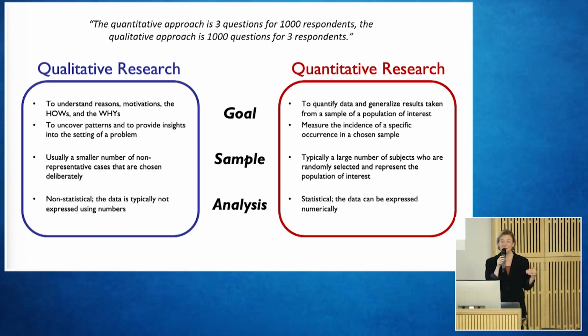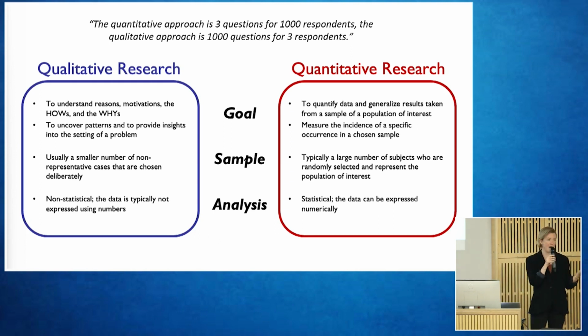So when we do quantitative research, the goal is really to quantify data and generalize results taken from a sample of a population of interest and measure incidence of a specific occurrence in a chosen sample, excuse me. The sample's typically larger, and depending on the study design, randomly selected and meant to be representative of the population of interest.